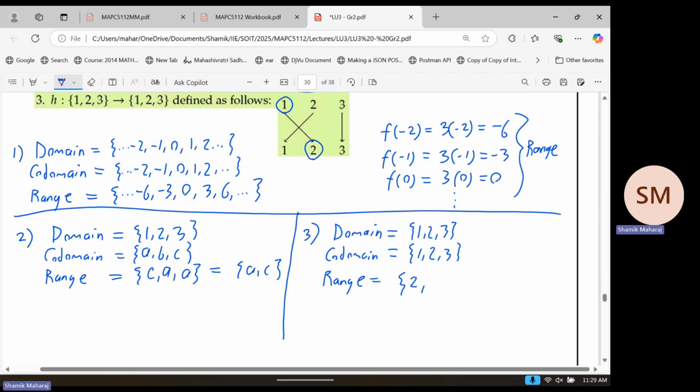And then we'll be told that the input 2 gets filtered and we end up with an output 1. So 1 is the next one. And it tells us that 3 gets filtered and it still remains as a 3. That's the last one here. So 3 is our last output. And of course, we can rearrange this to be 1, 2, 3 because order doesn't matter. So here, domain, codomain, and range are all the same thing.